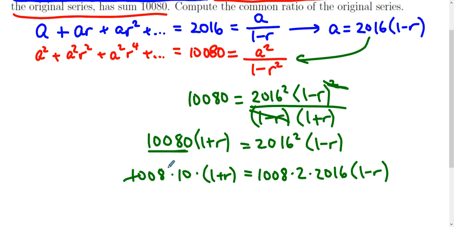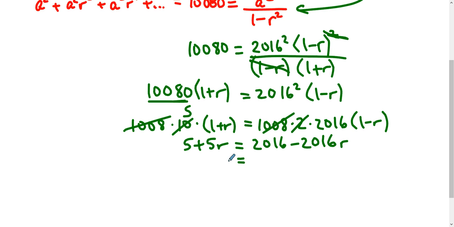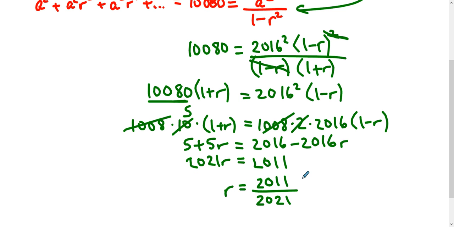So what's this? 5 plus 5r, 2016 minus 2016r. So now we do some algebra 1, and we get ourselves an r.